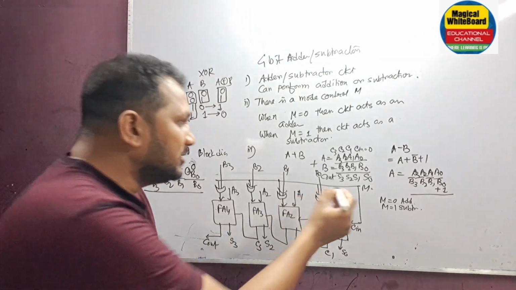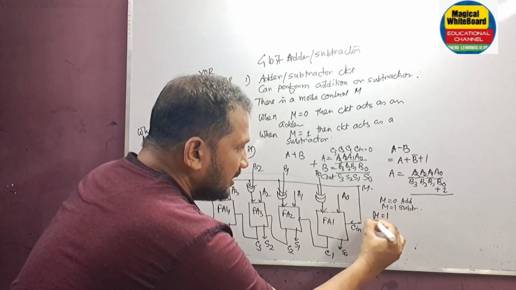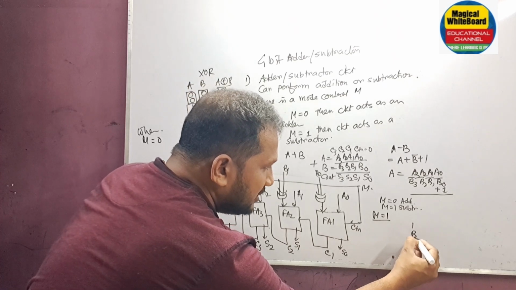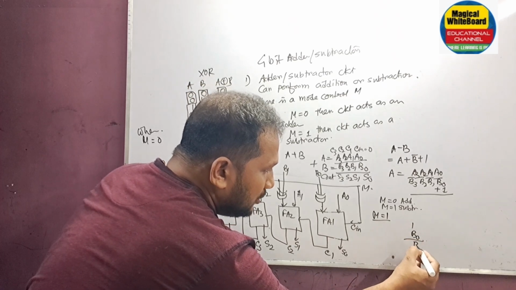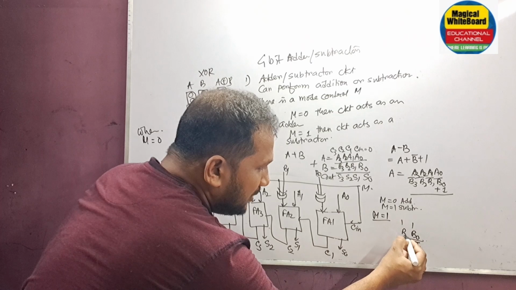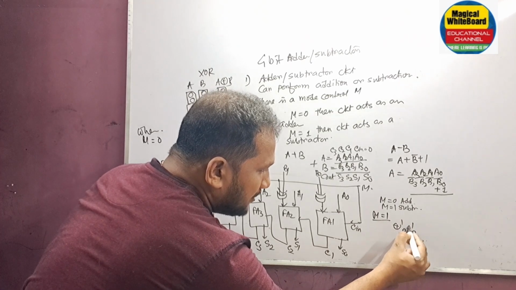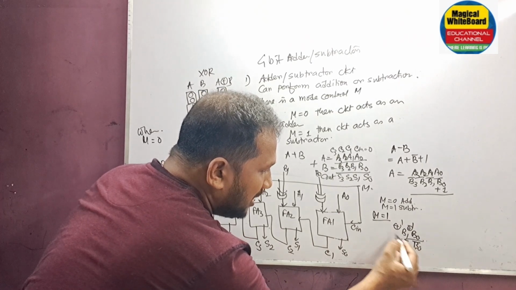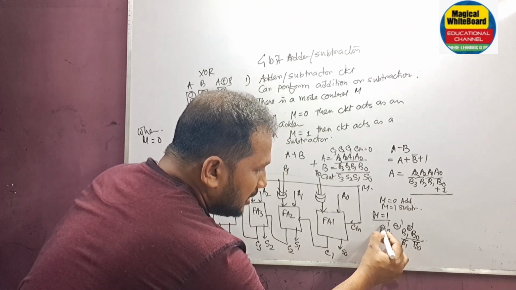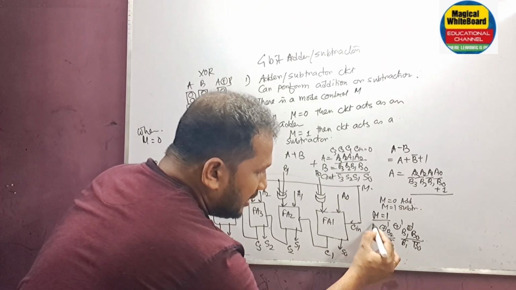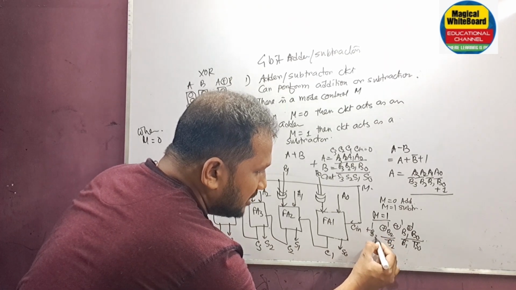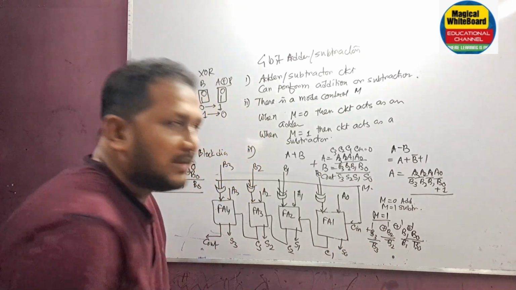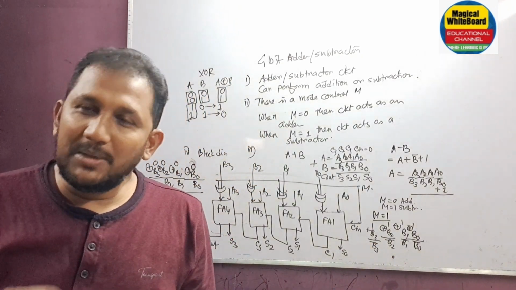I mean when you put the value of aim equal to 1, then when we perform 1 and B0, then the output will be B0 bar. 1 and B1, then after performing XOR operation, B1 will be B1 bar. 1 and B2, the output will be B2 bar, and 1 and B3 output will be B3 bar. So this is the complement of B.